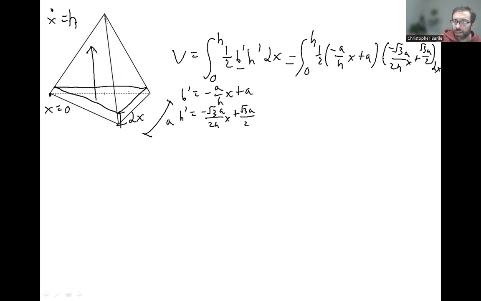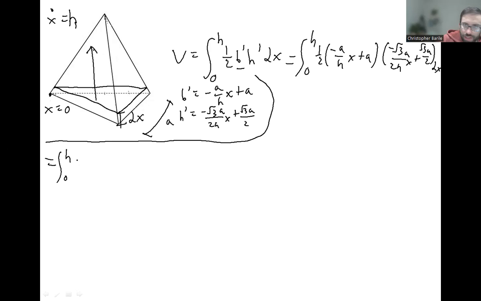So what you can see here is we have a FOIL situation where we have to go first, outside, inside, last. And so I'm going to continue over here. This is now just a bunch of algebra and then integration. But we can do it together.